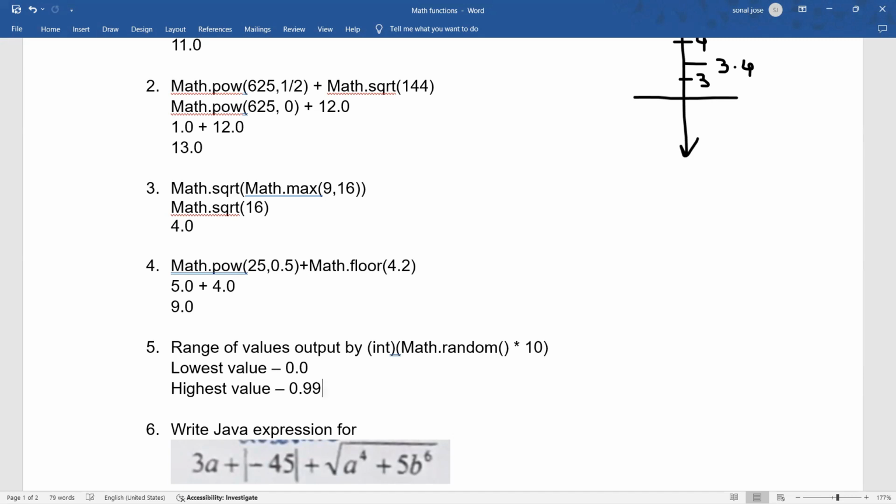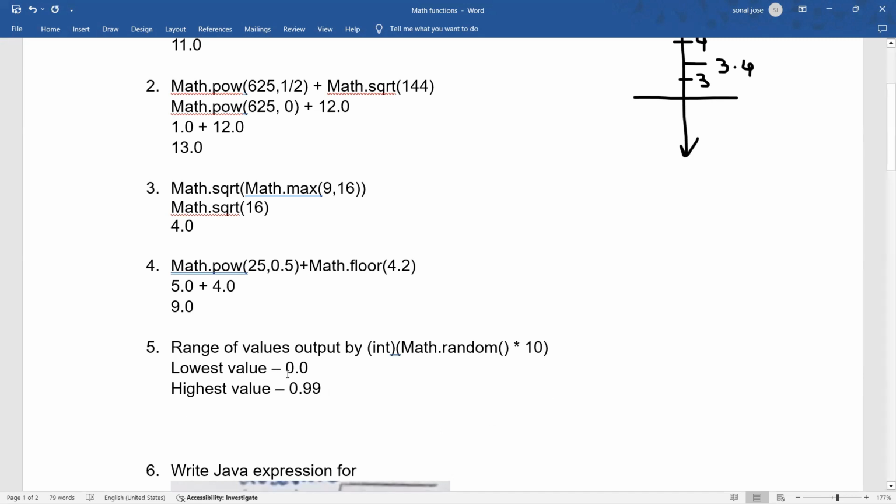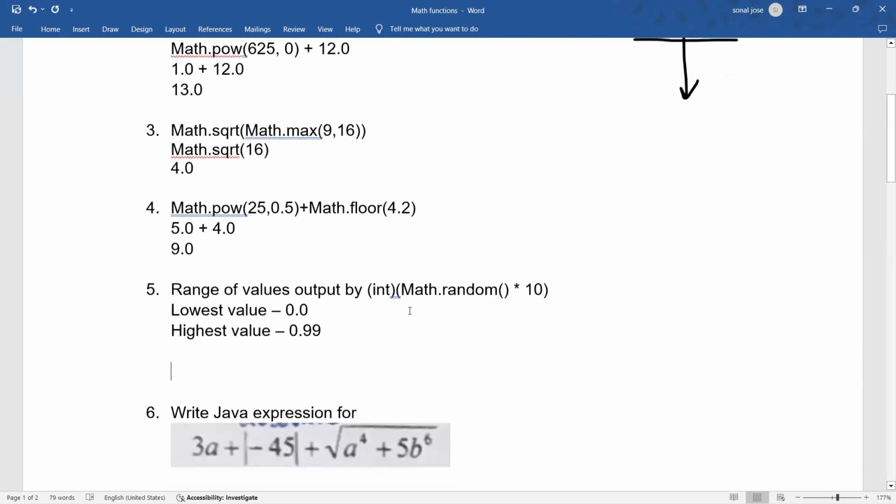Let us for simplicity just take it up to 0.99. So now, if we take 0 over here and try to solve this equation, we say int in bracket 0 multiplied by 10, which will give us int of 0, so the answer will be 0 as an integer.